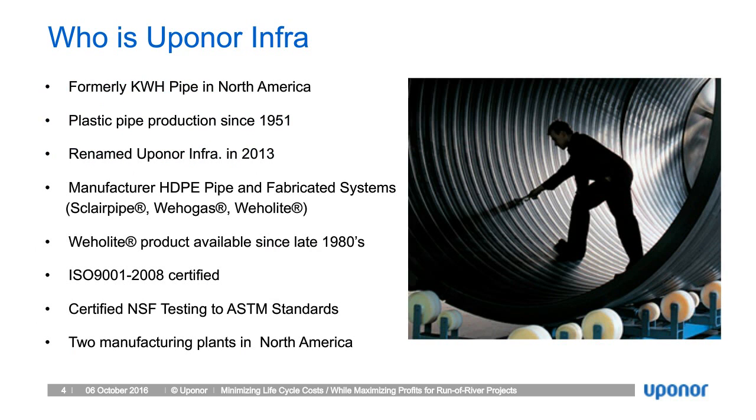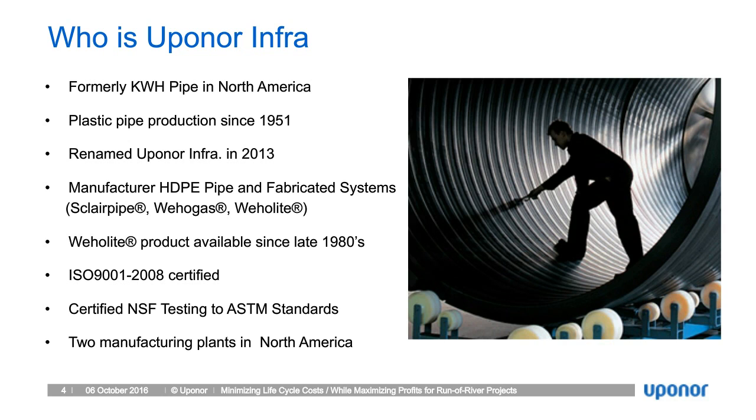So, who is Uponor Infra? Many people know us by KWH, which we operate in North America. We've been using polymer pipes since 1951. Through an acquisition, we were renamed Uponor Infra in 2013, which allowed us to not only maintain our market share, but also expand our market share in different areas.